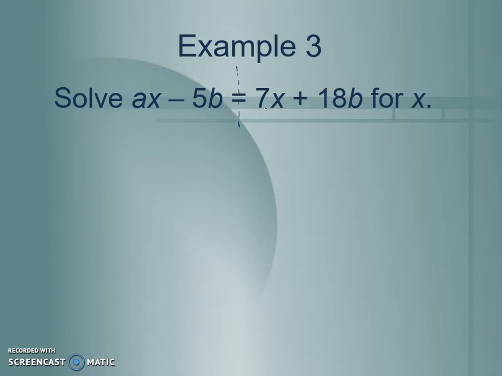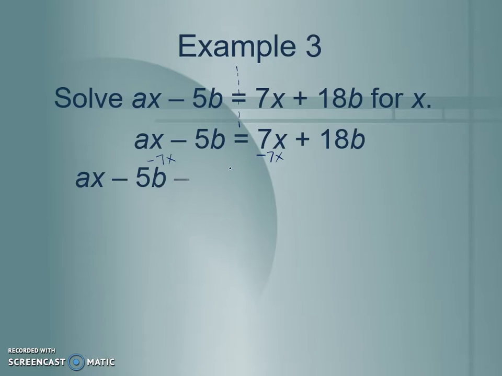We have to get all our x's together. So first things first, we'll just subtract our 7x and move it to the left. So we'll also subtract 7x on this side. Whoops, wrong direction. So we're left with ax minus 5b, which is what we had, minus 7x equals 18b.